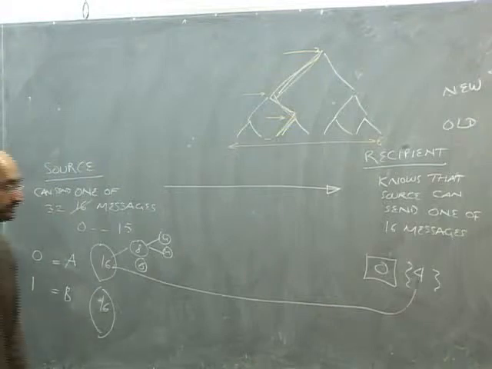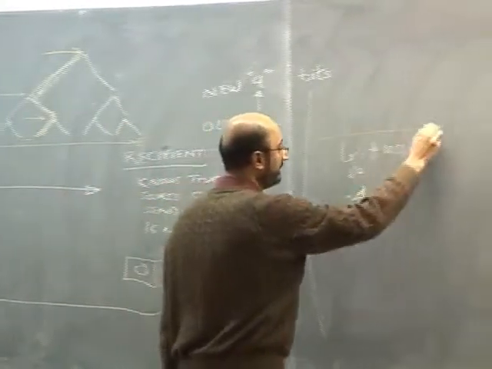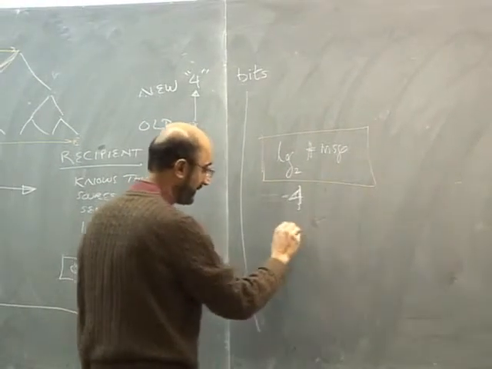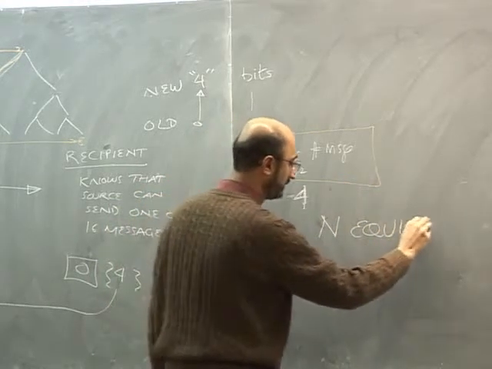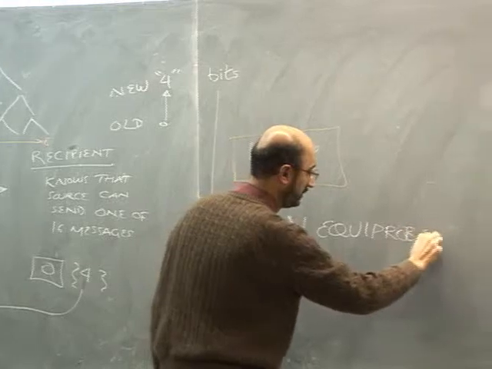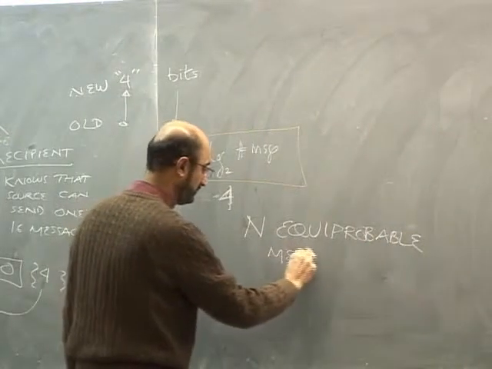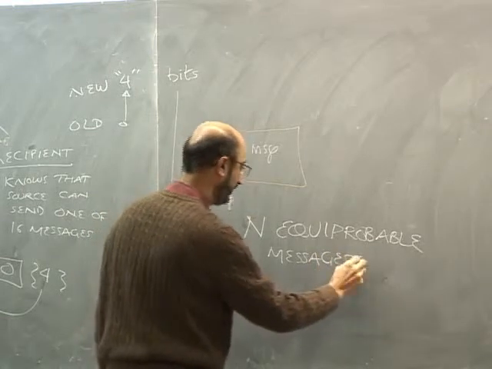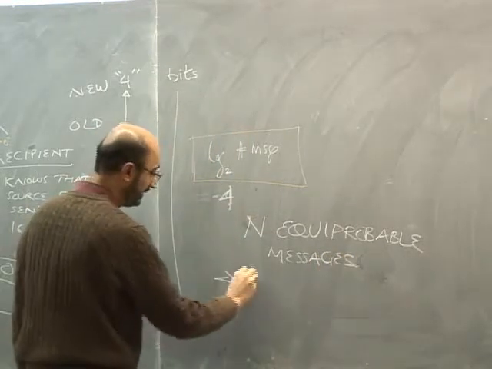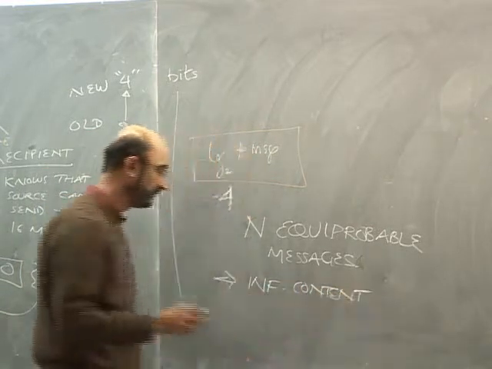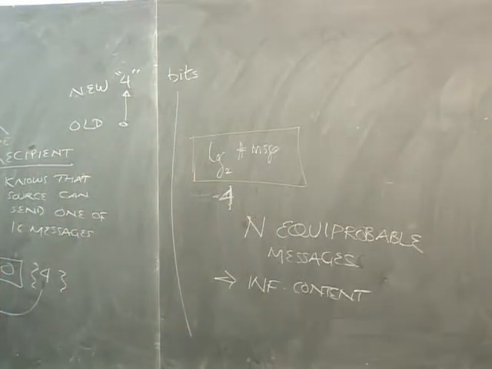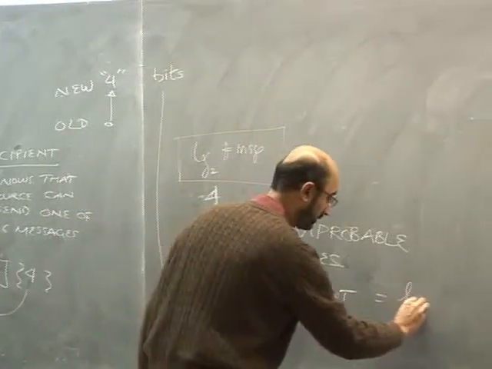So we get the nice result that if we have a set of n equiprobable messages, I keep mentioning equiprobable because in a minute I'll take that away, then the information content that is communicated to the recipient on sending one of these messages is given by log of n.